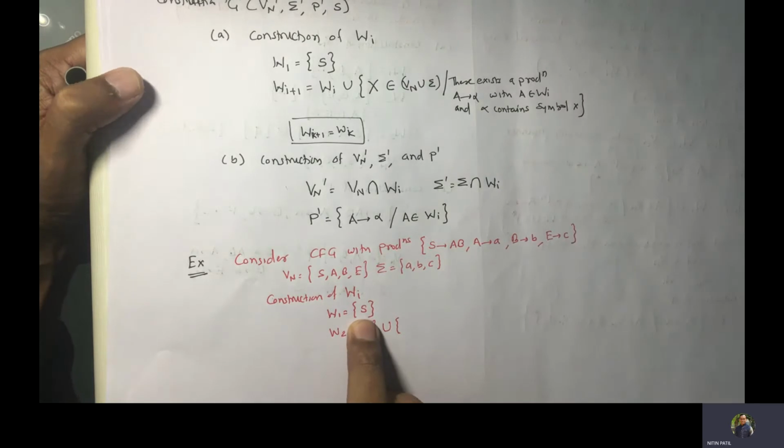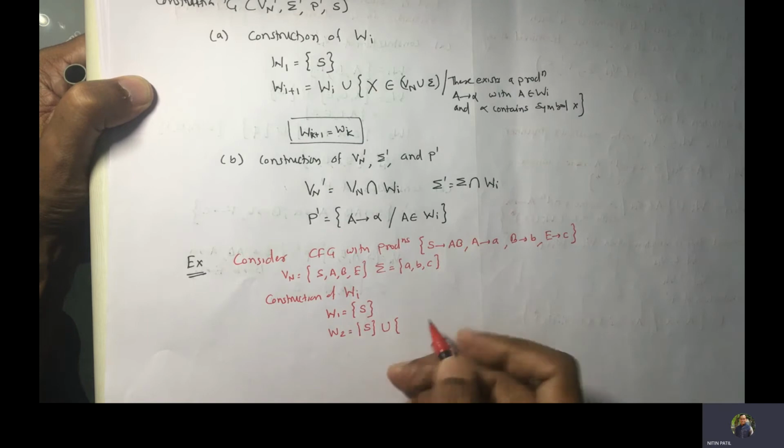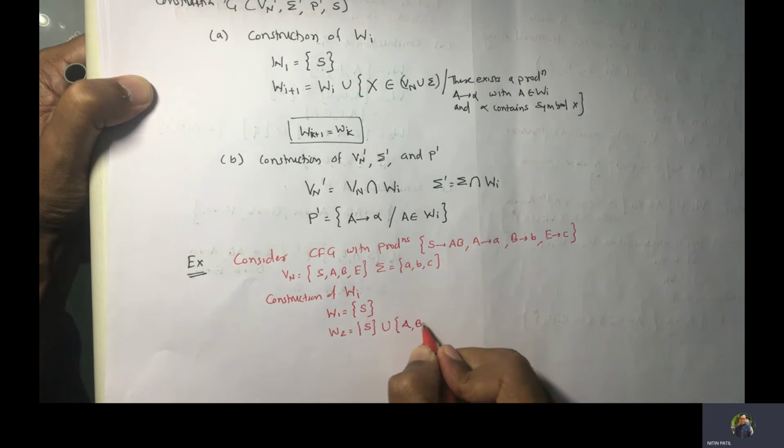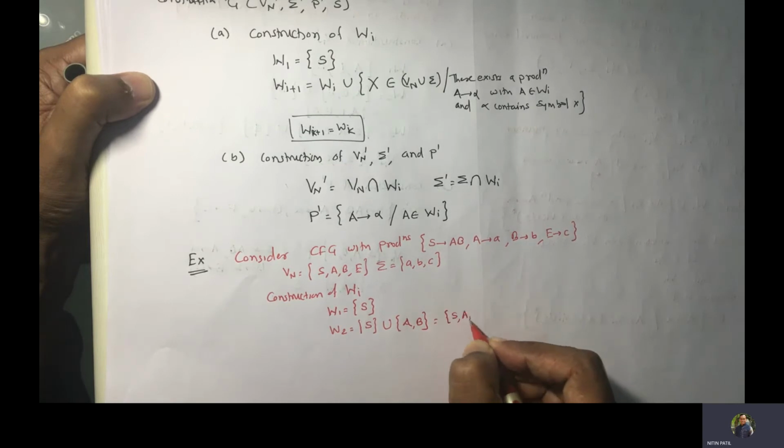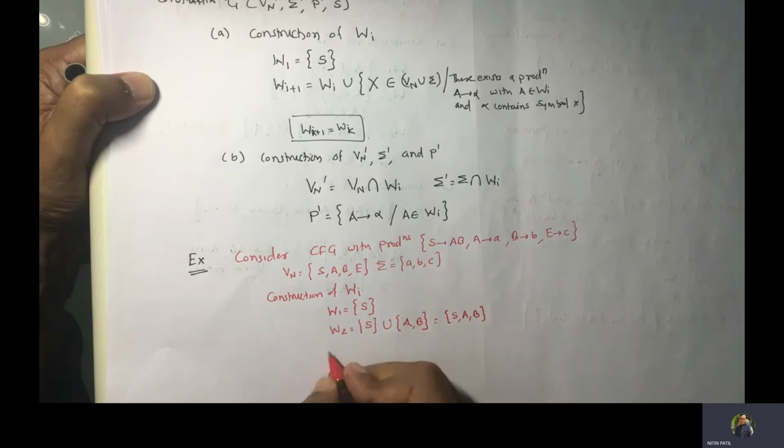So the previous W contains S. Which is the production for S? We have S gives AB. So we'll include A and B here. So this means W2 we got as S, A and B.